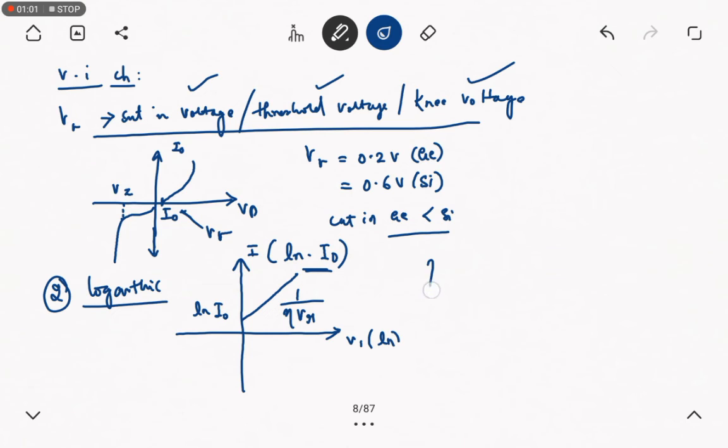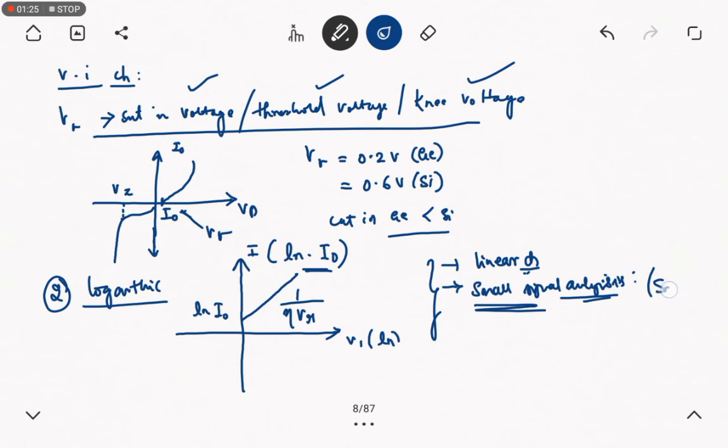So this logarithmic characteristic of the diode is a linear characteristic. It is applicable for small signal analysis of the diode. The small signal analysis concept will be explained in the small signal model analysis, which means detecting very small signals in the system or in the circuits.